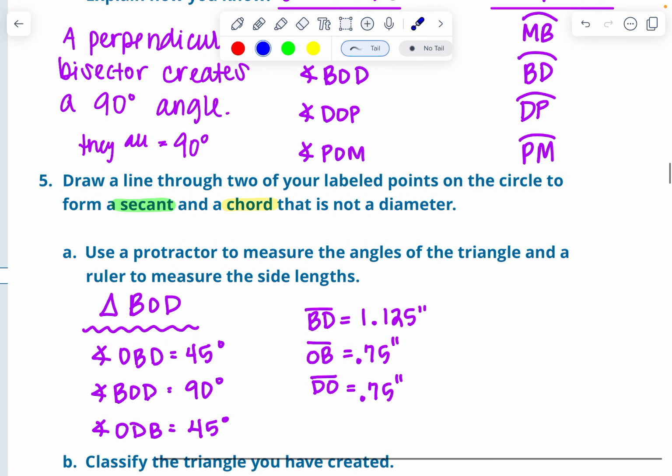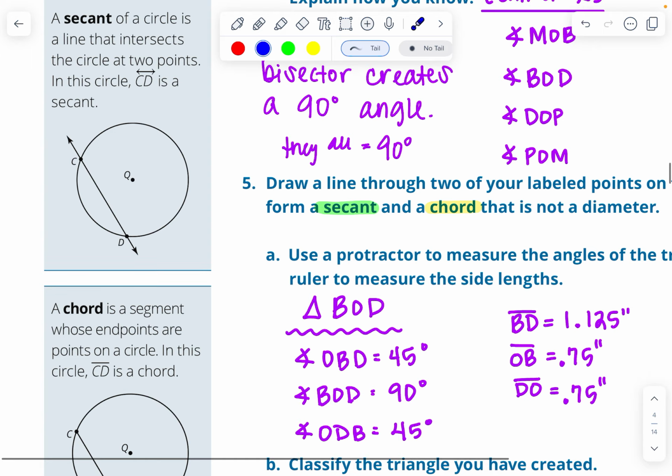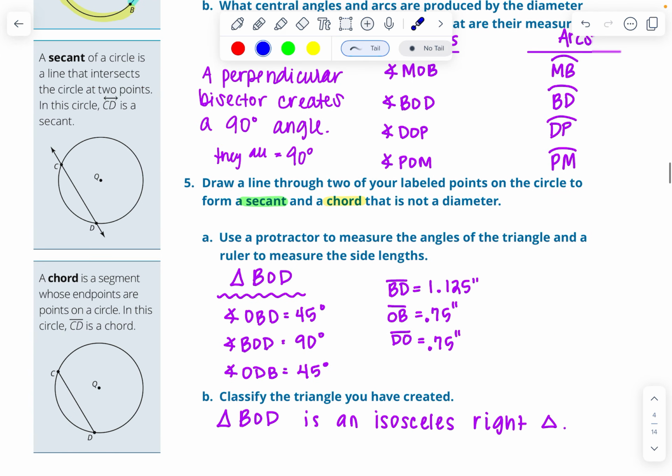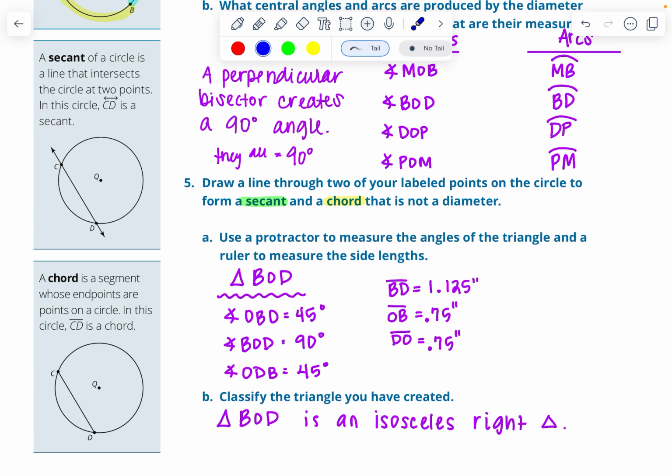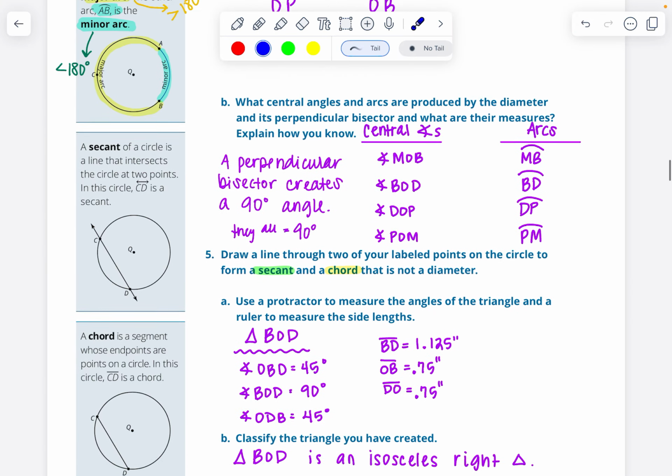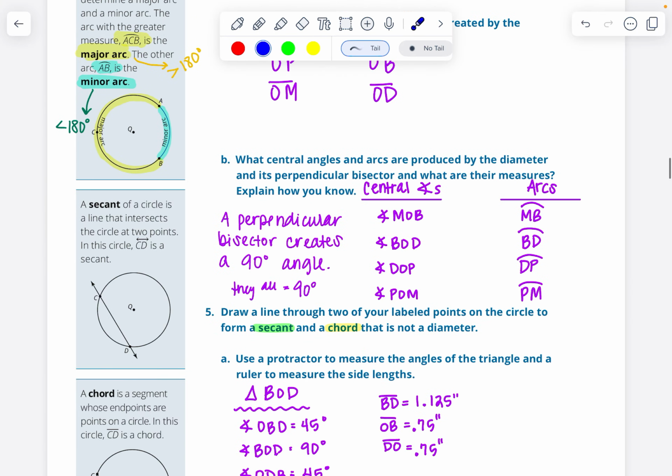Draw a line through two of your labeled points on the circle to form a secant and a chord that's not a diameter. So for secant and chord, you can see over here, these are the definitions. A secant looks like this, a chord looks like this. They both look the same. The only difference is that a secant will extend out of the circle, whereas a chord is limited to the circle. The endpoints of a chord are on the circle. Okay, so let's draw that.